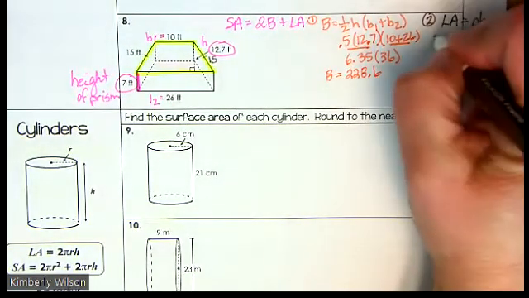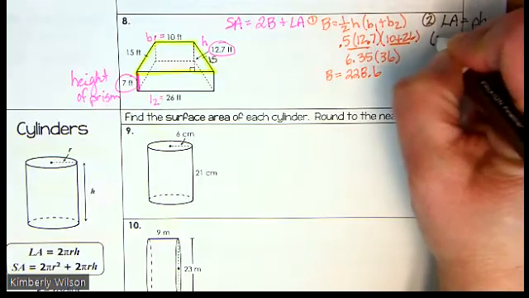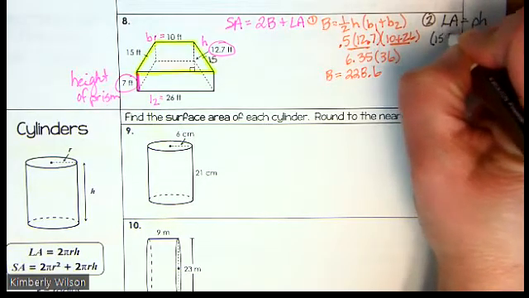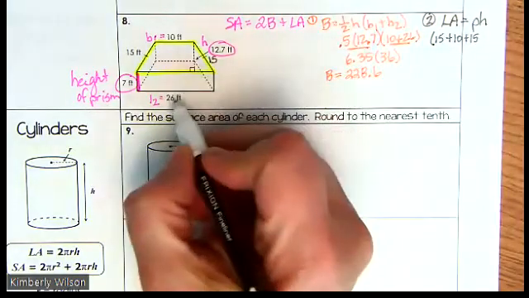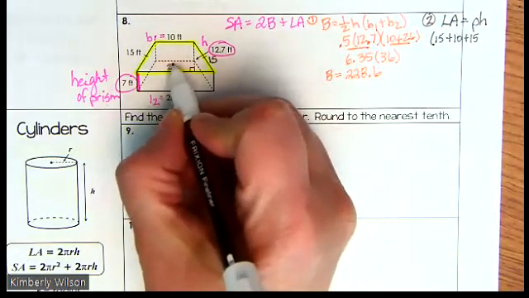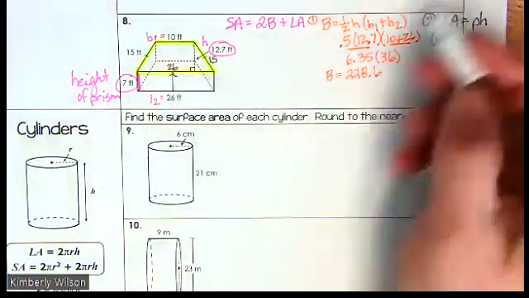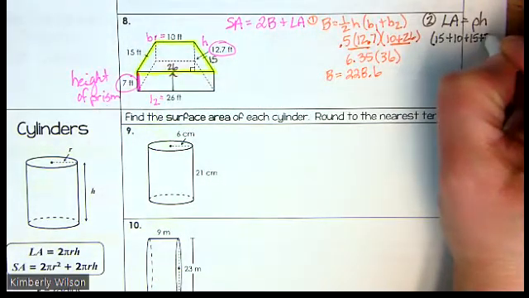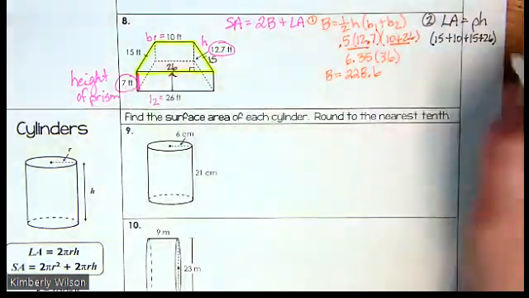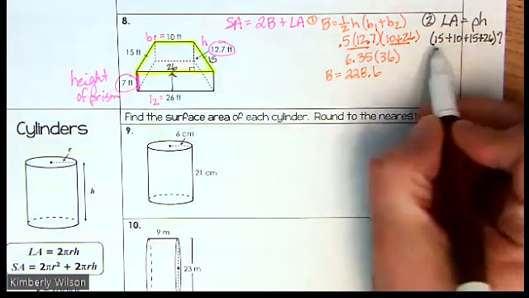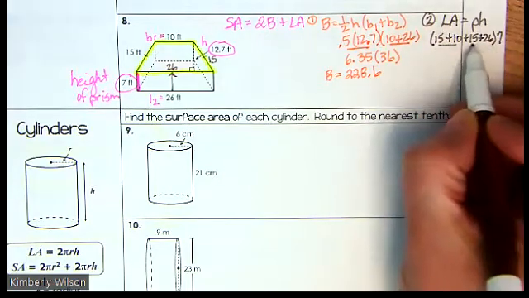So I'm going to have 15 plus 10 plus 15 plus, oh, wait a minute, the 26 down. This is 26 up here because it's the same measure. Plus 26 times, what's the height of the prism? 7. So I'm going to add what I can add together.